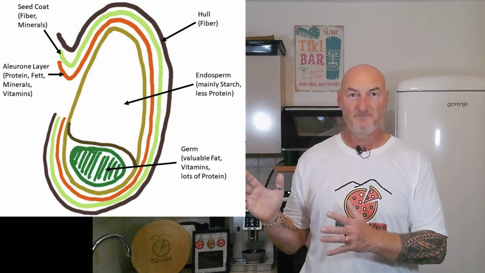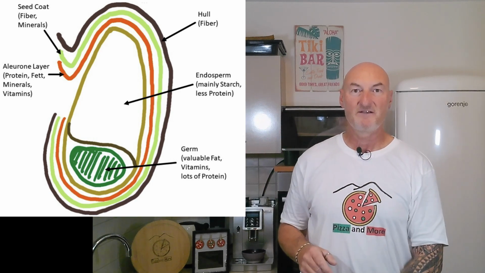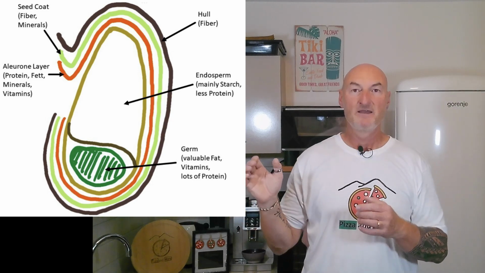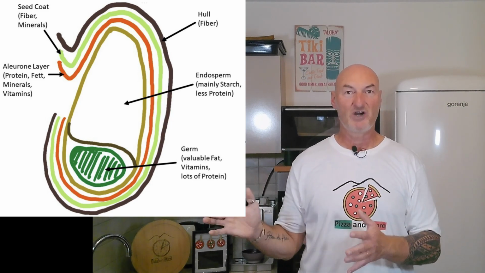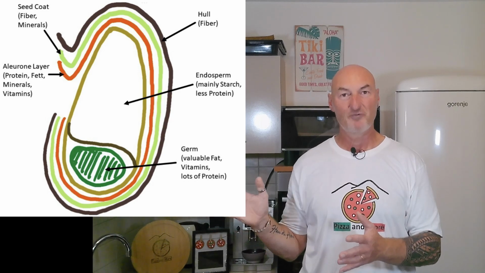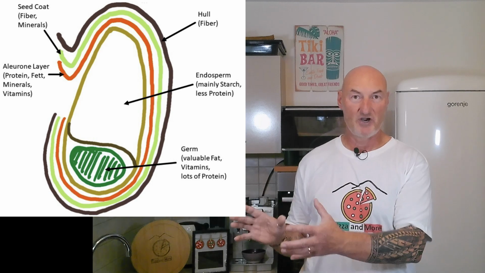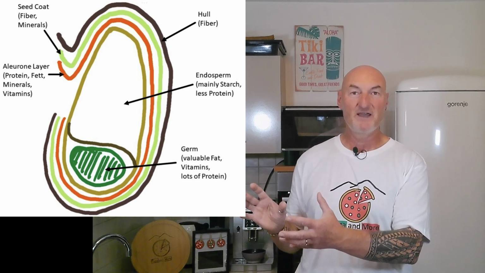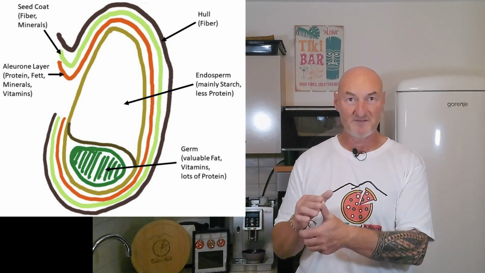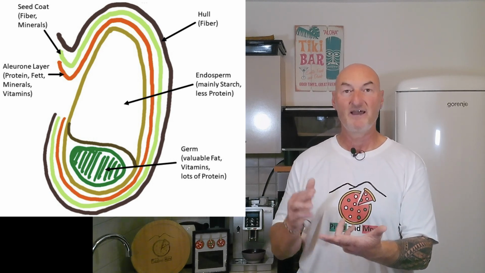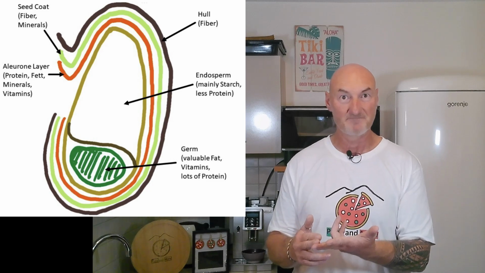Directly in the center, the biggest one, is the so-called endosperm. It contains mainly starch and less protein. And the green one at the bottom is the germ. Here we have some grease, or fat, minerals, and protein.